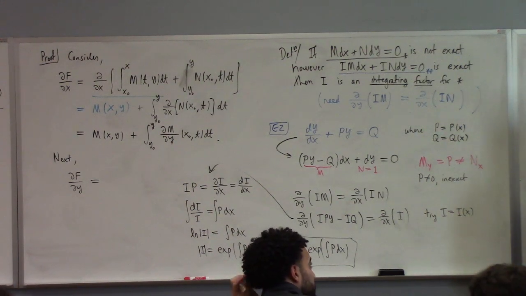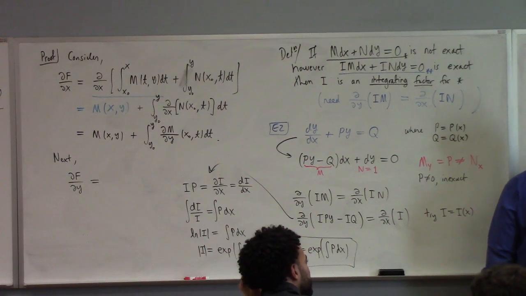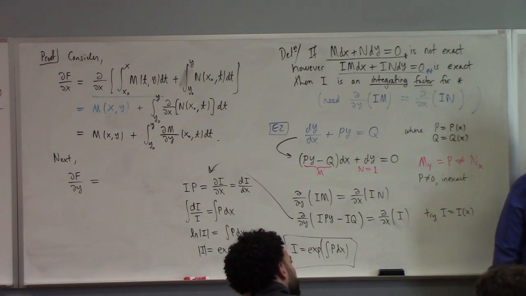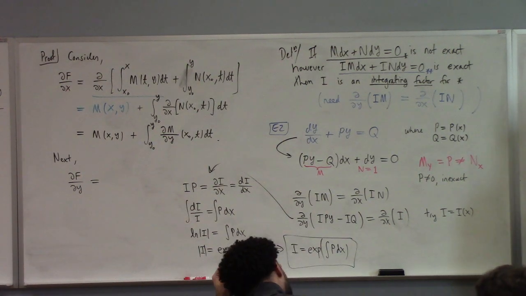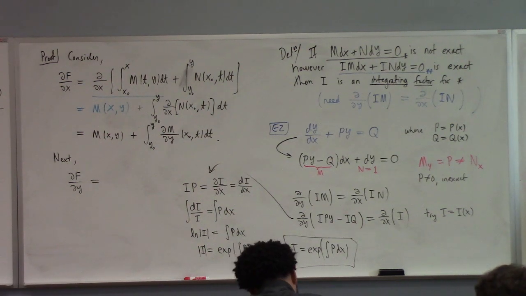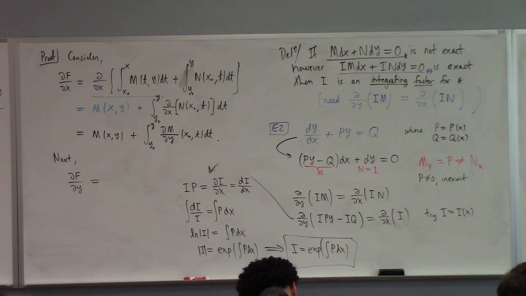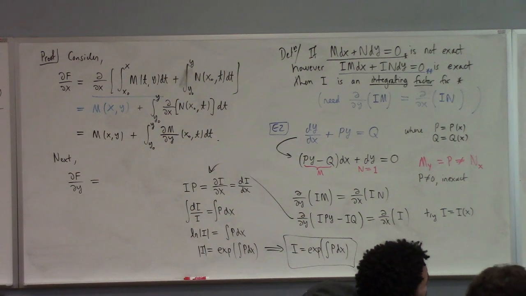So what we do is we multiply by I, and we get x to the a, y to the b, times 3x plus 2 over y, dx, plus x to the a, y to the b, times x squared over y, dy. Let me clean that up.